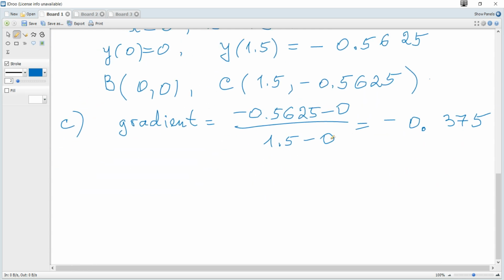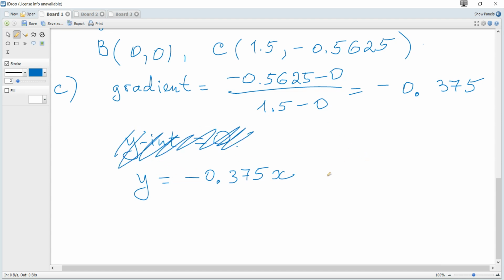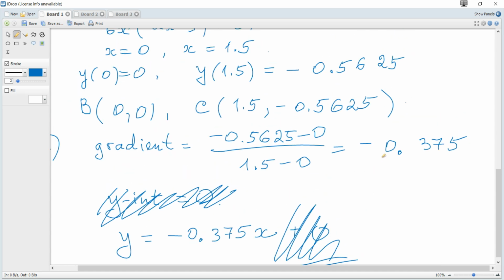It becomes negative 0.375. And we should emphasize that the y-intercept is 0, hence the equation of the line becomes y equals negative 0.375x. Or if you don't write this, you should write plus 0 to emphasize that the y-intercept is 0, because if you write directly like this, you will lose a mark.